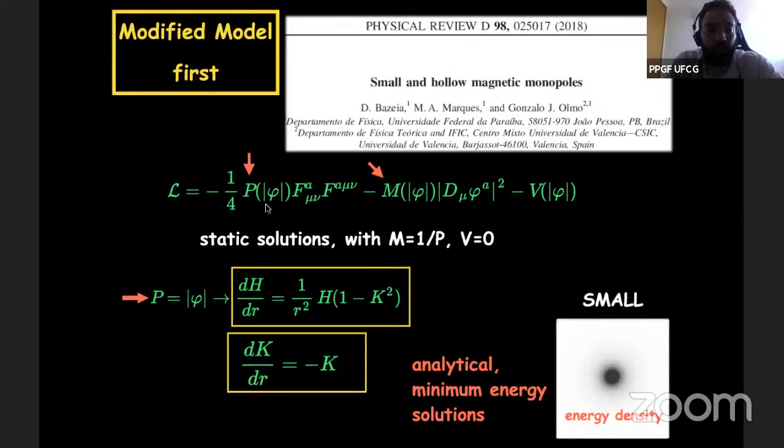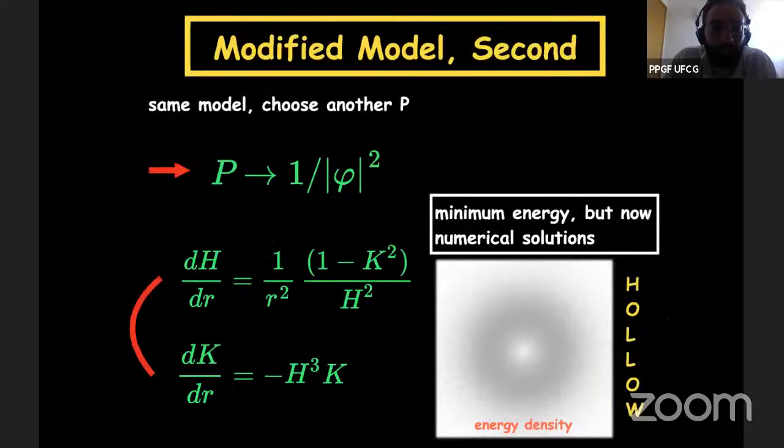Okay, I see. Thank you. It doesn't depend on which scalar field it is. But how is this function that you put, let's say, to modify the Maxwell term? For instance, in this case, I put 1 over phi squared.